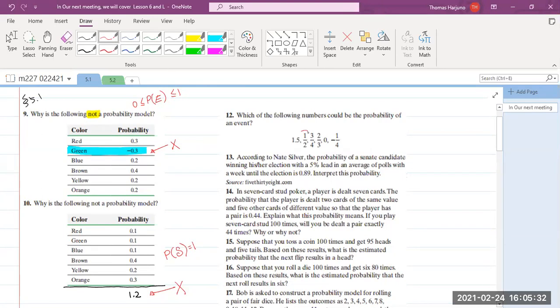This one is okay, right? 1/2 is okay. 1/3 is also okay. I mean 3/3. Anything between 0 and 1. 2/3 is also okay. 0 also okay. Now 1.5 is more than 1, so that one is no. -1/4 is less than 0, that's a no.